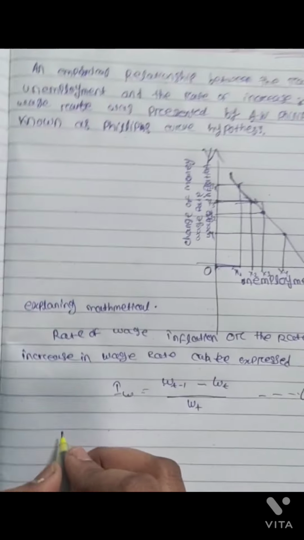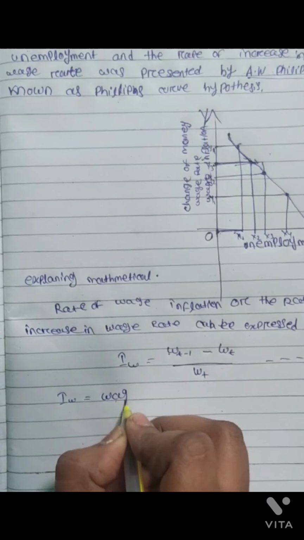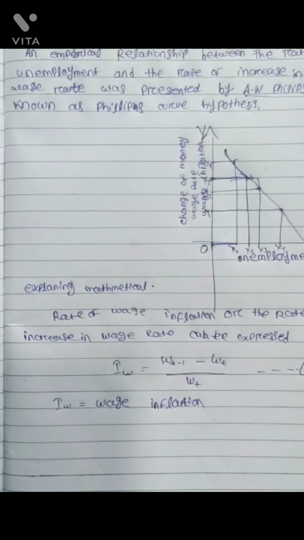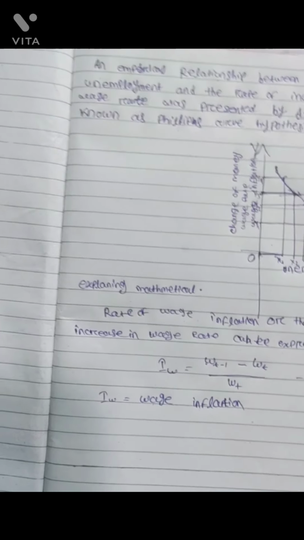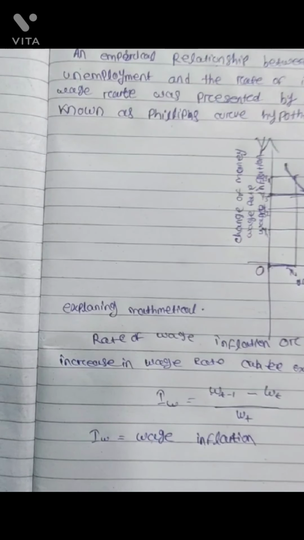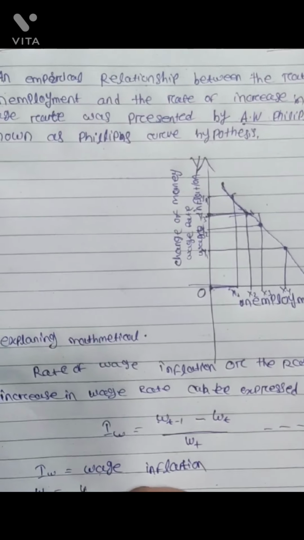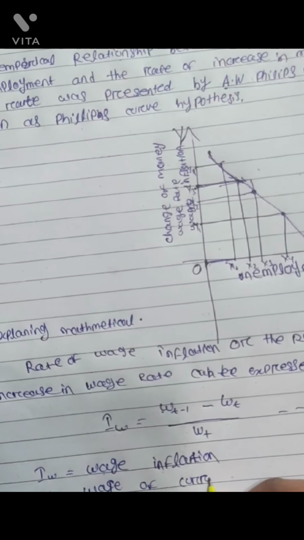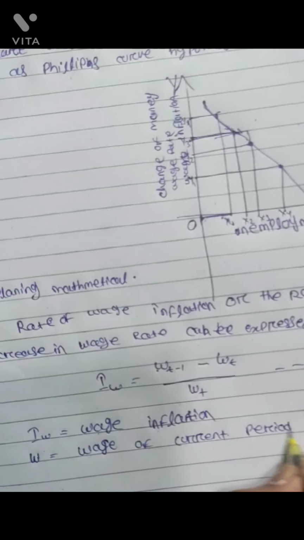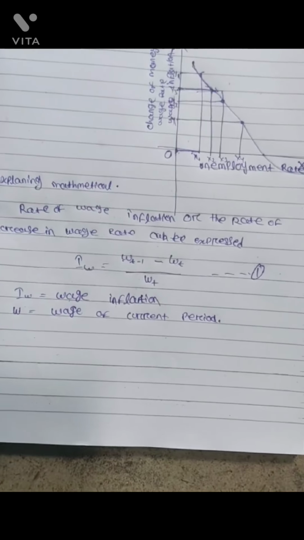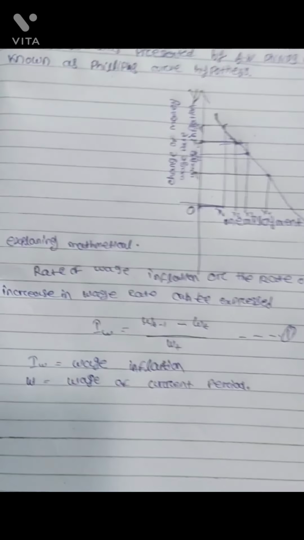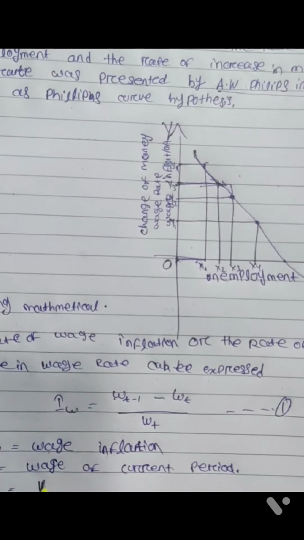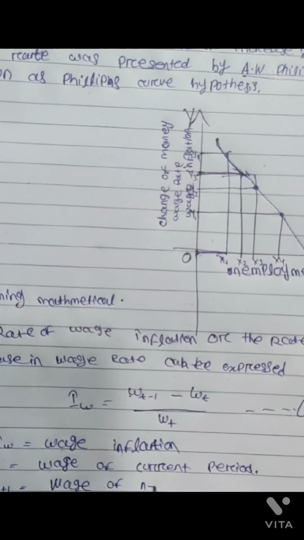Here IW means wage inflation, WT means the wage of the current period, and WT+1 means the wage of the next period.